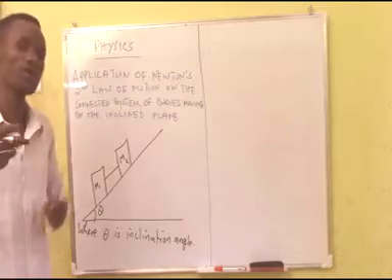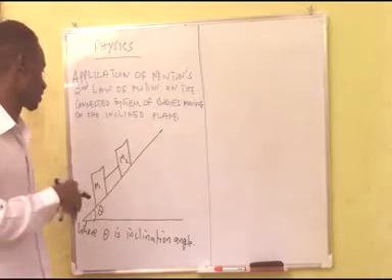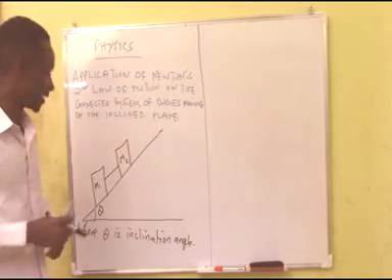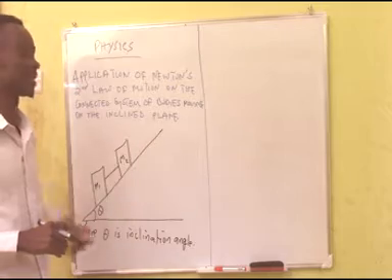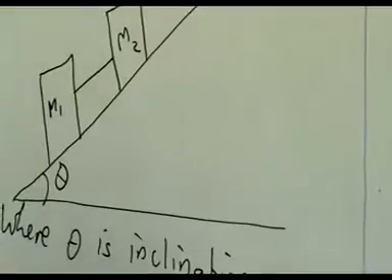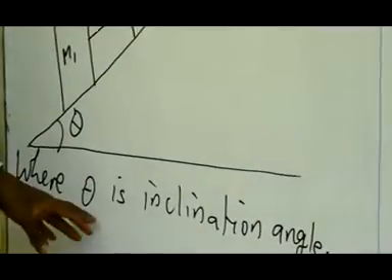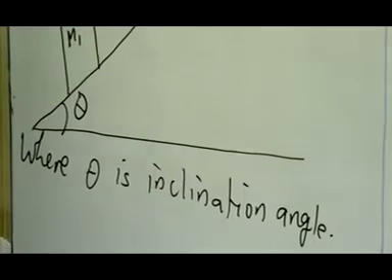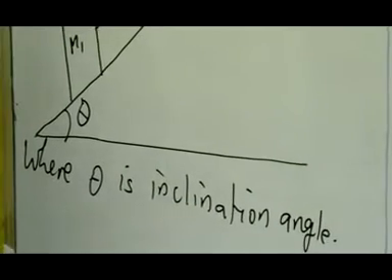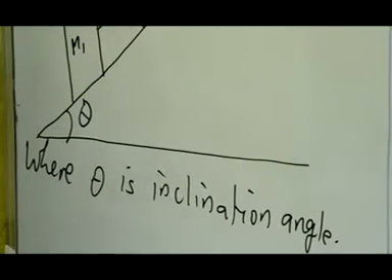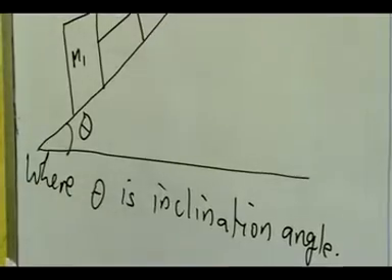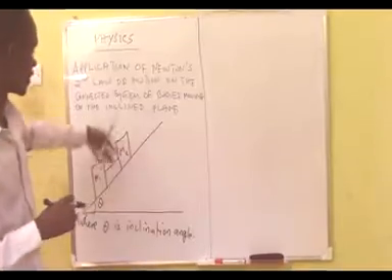Now suppose the system of connected bodies is moving down or up the inclined plane whose inclination angle is theta. How may we use Newton's second law of motion to analyze the motion of this system?